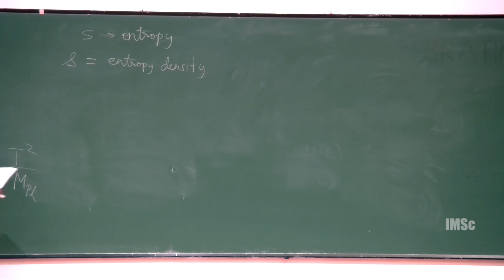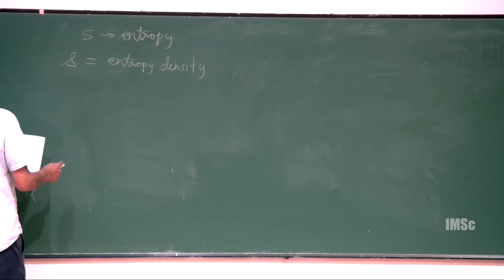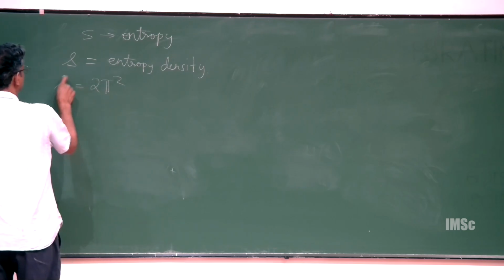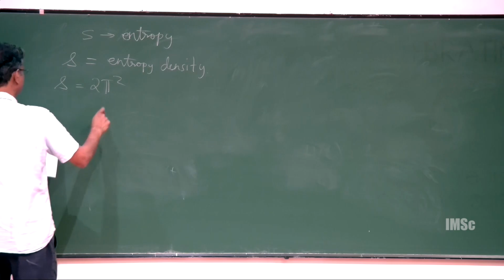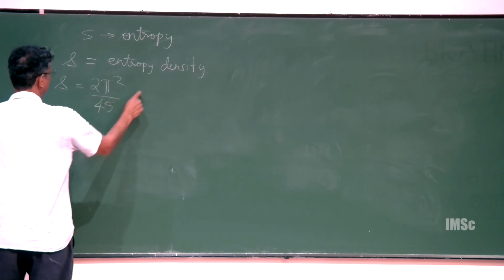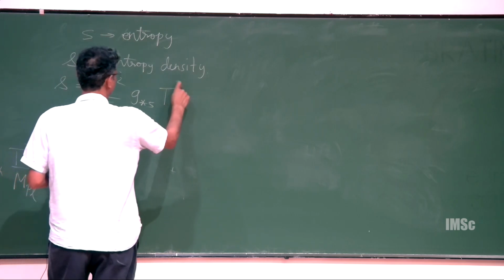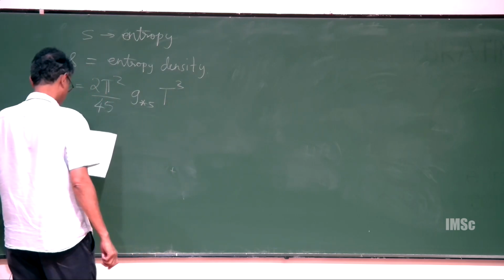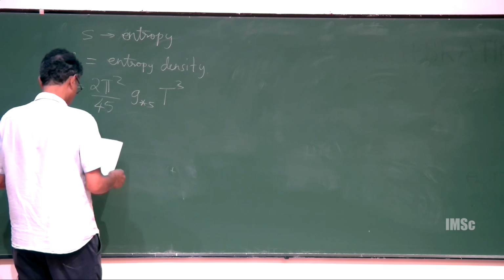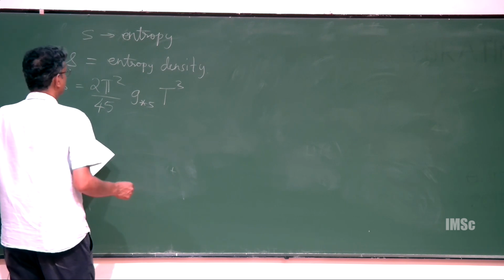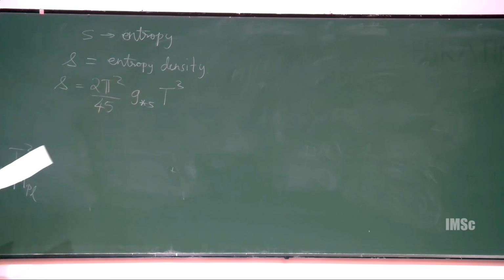So if you do that, this is s. And this g star S is also degrees of freedom, but yet another reweighting with temperature. And so that is how it looks. Because it's a density, it has T cubed, right?